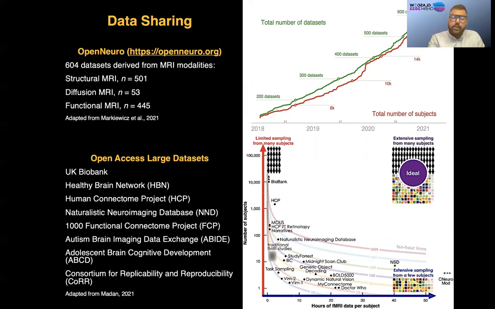If you are a PhD student wanting to use large-scale data sets, OpenNeuro is a very good place to start. OpenNeuro has about 604 datasets, and they are derived from mostly MRI modalities, but you also have EEG data or PET data. So it's not restricted to only MRI modalities.